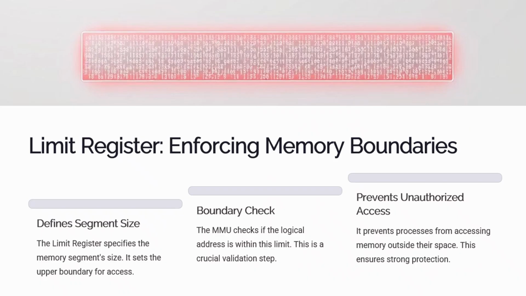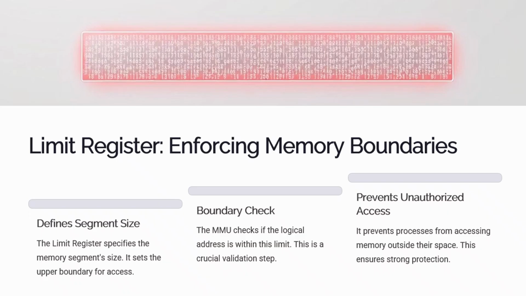Now let's look at the limit register. The limit register works alongside the base register. While the base register sets the start of a program's memory, the limit register defines how large that memory segment is. Think of it like this. If base is the starting line of a racetrack, limit is the finish line.